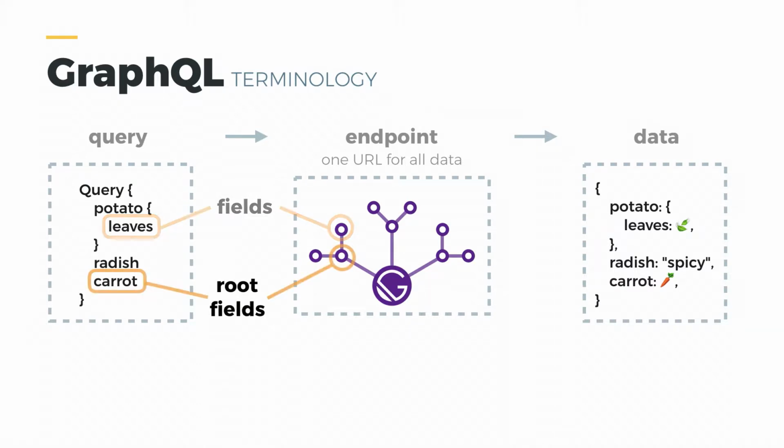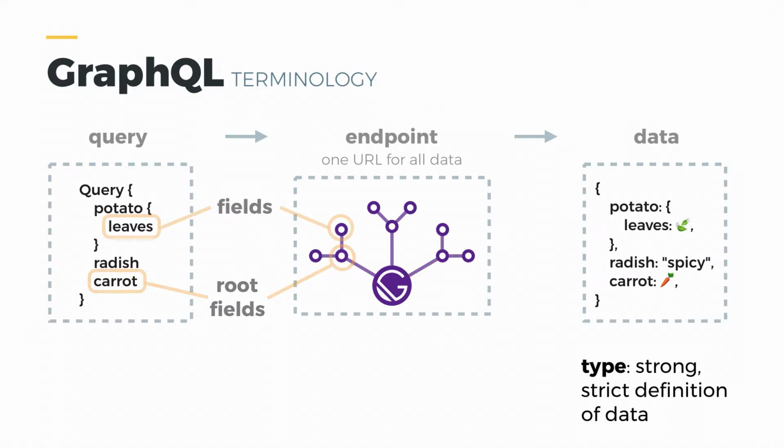And those fields that are at the root of our query are called root fields. In the illustration, they're the fields that are directly connected to the center of our illustration where the Gatsby logo is. Root fields, regular fields.